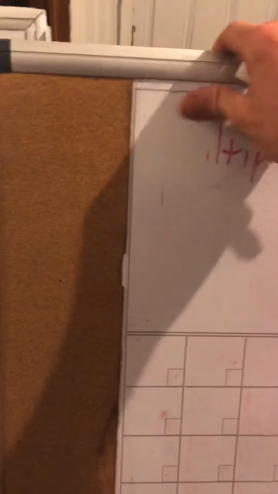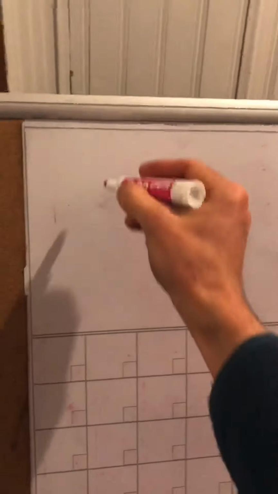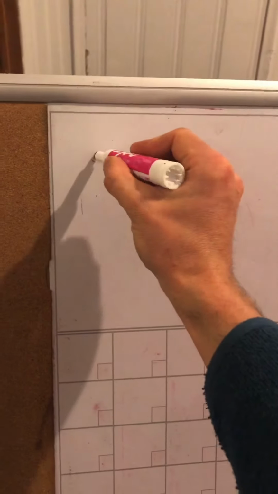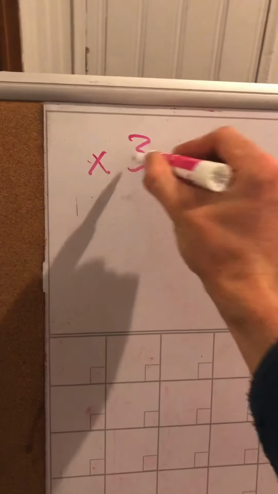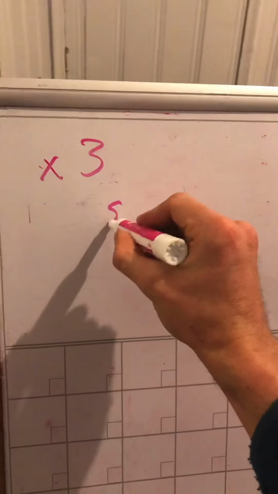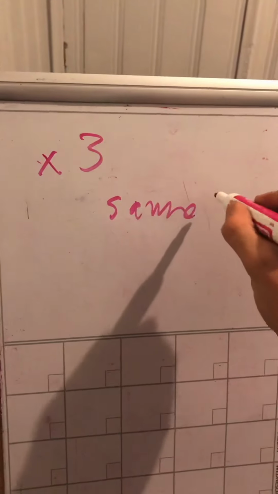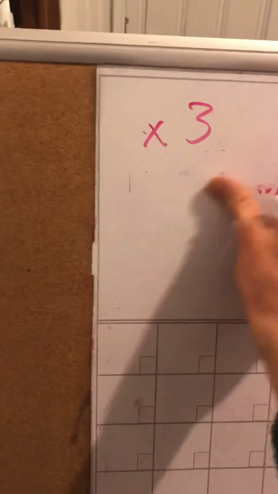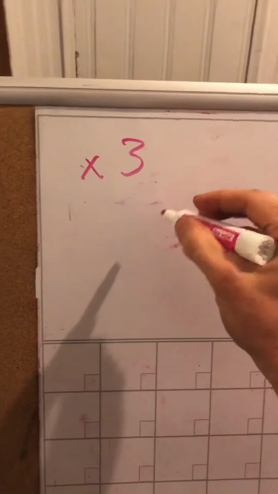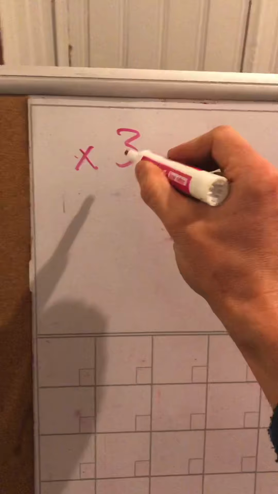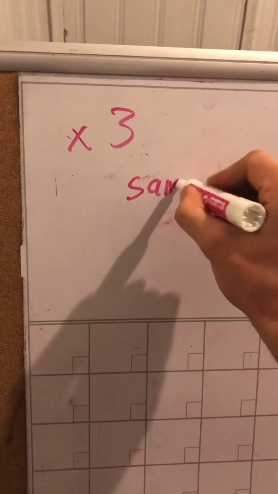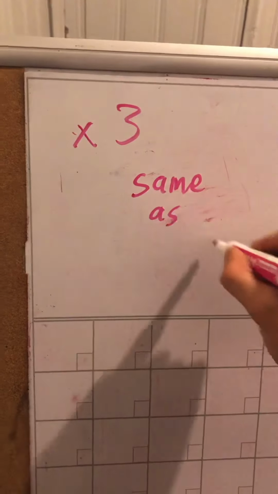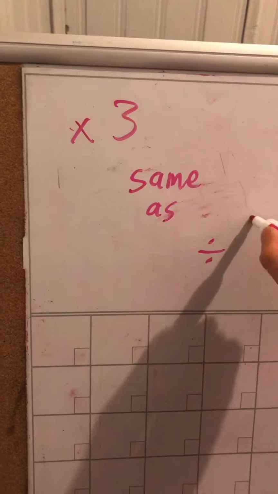Remember that multiplying by a fraction is the same as dividing by a whole number. So multiplying by 3 is the same as, man, guys, I am having a really hard time writing without both hands here. So multiplying by 3 is the same as dividing by 1/3.